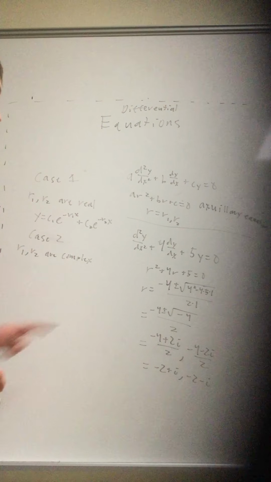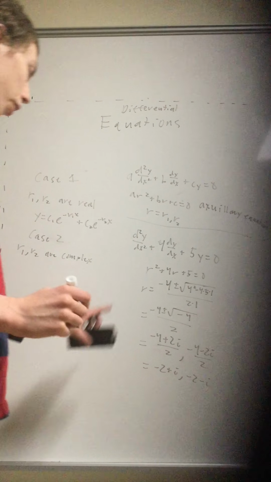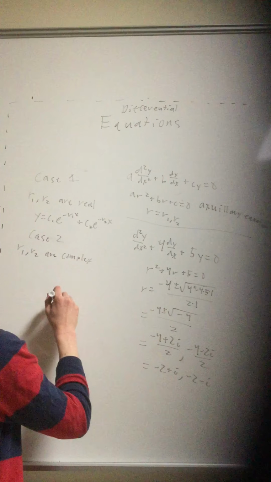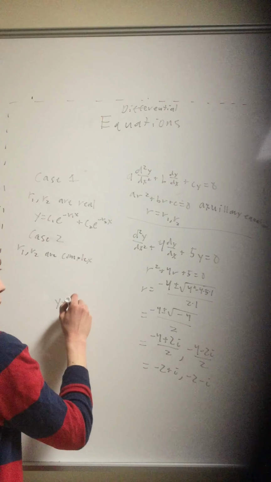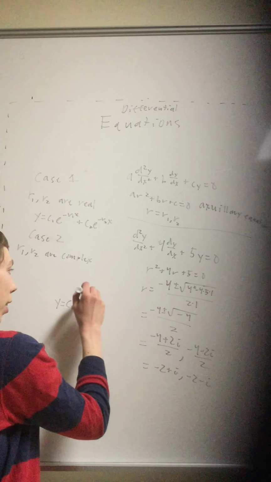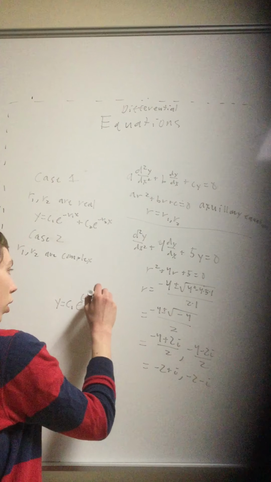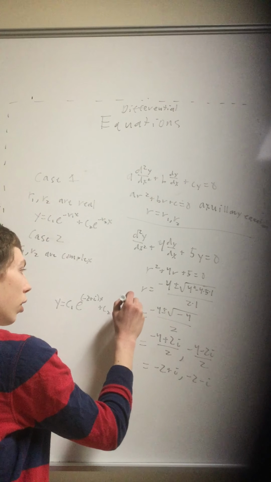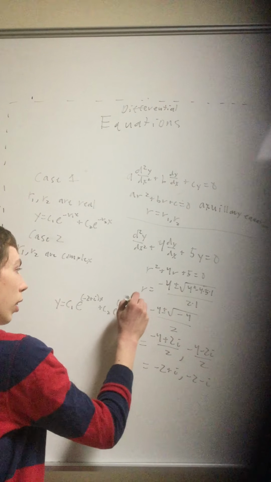Well, let's see what happens. It's still true. You can still plug them into the exponential. So our solutions would be y equals c1 e to the negative 2 plus i times x plus c2 e to the negative 2 minus i times x.